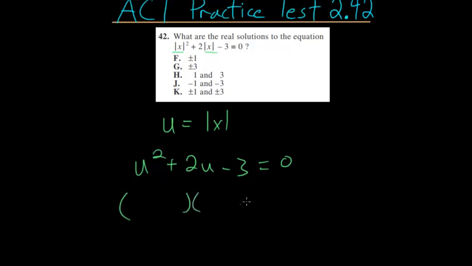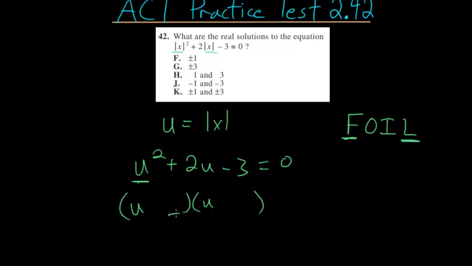So writing our two binomials here, we know that the first terms have to be u, since these multiply together to give us u squared. And remember, we're essentially using the FOIL method in reverse. Like I said, the first terms will always multiply together to give us this. And now let's focus on our last terms.